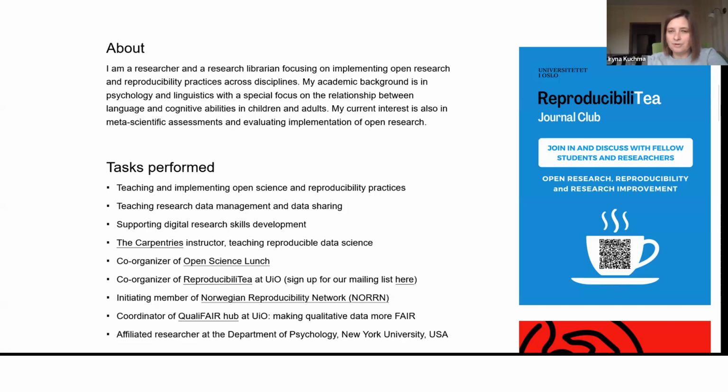She teaches research data management and data sharing. She's supporting digital research skills development. Then she helps with coding carpentries. She co-organizes open science lunches for researchers and students, reproducibility in her university. And then she's a member of a national reproducibility network.